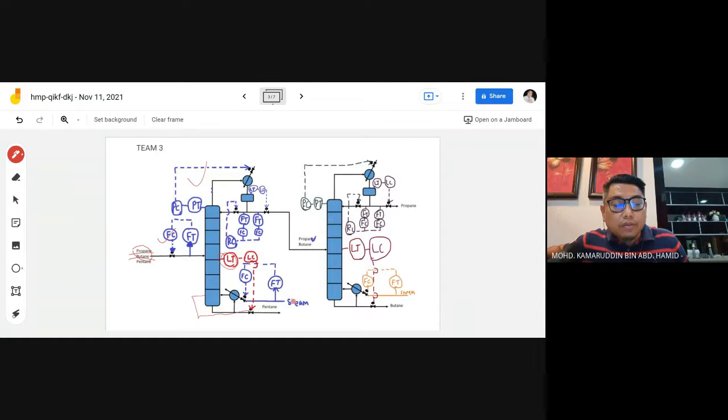What is this? This is your flow control of the steam. Okay, so this is not right since your objective is to control the temperature for the product purity. So you need to have a temperature control here.